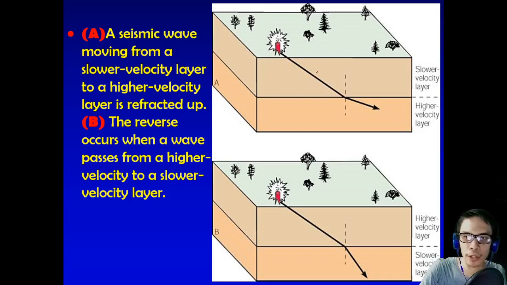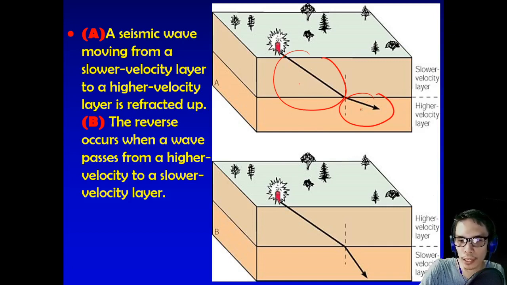This is what I was talking about earlier, that waves refract when they encounter two different materials as they travel. Here, the wave is likely to go faster, because this material allows the wave to travel at a maximum speed.